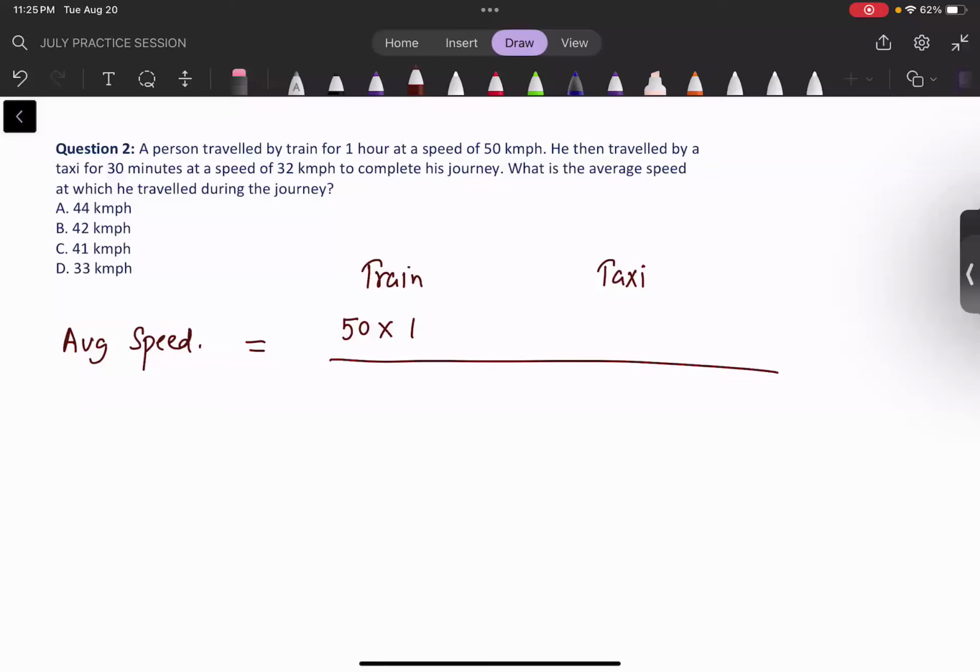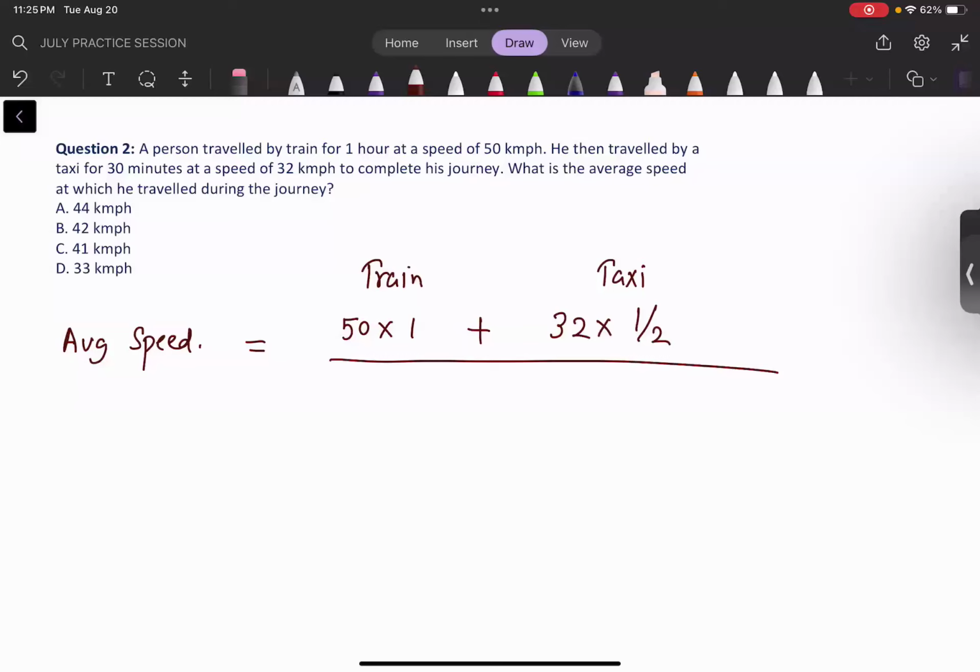Is this point clear? Yes. Similarly, for taxi also. For taxi, distance is not given, but they have given the speed and time. So speed into time, time is half hour, not 30 minutes, half hour.